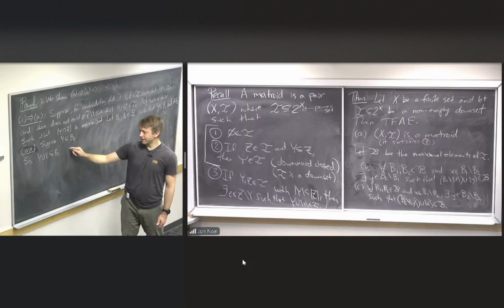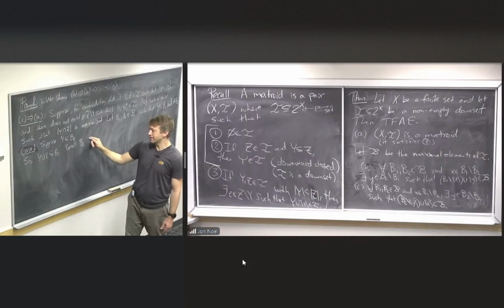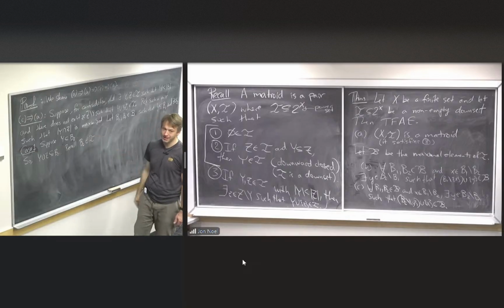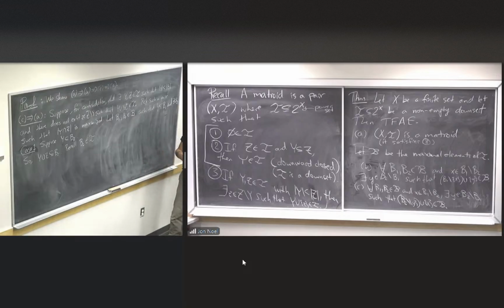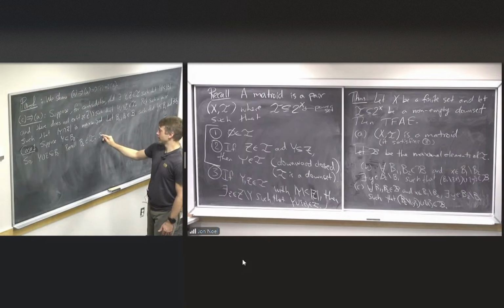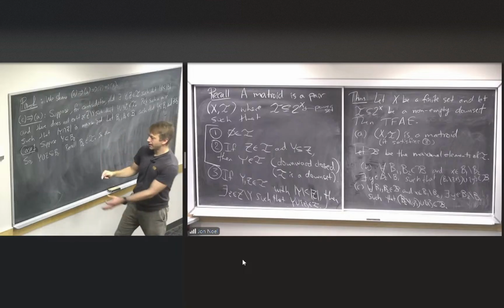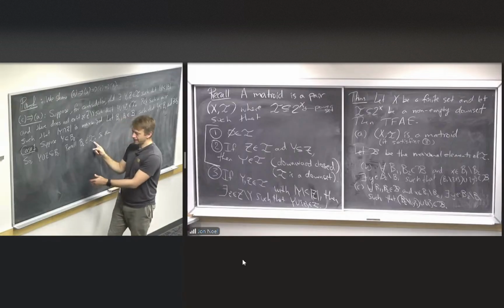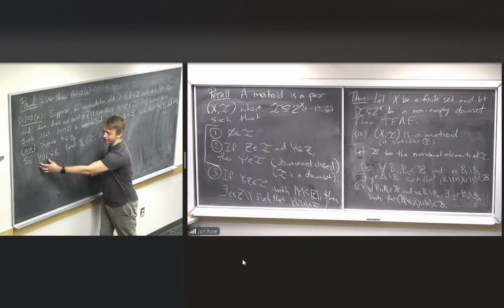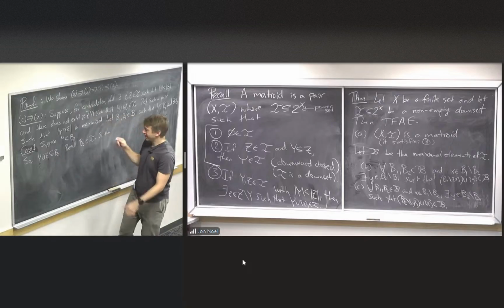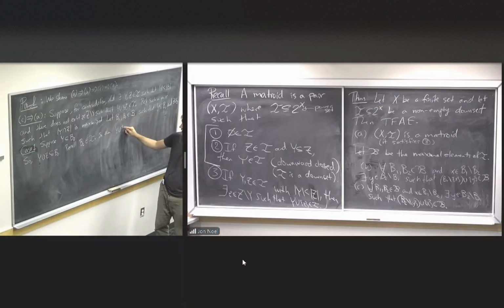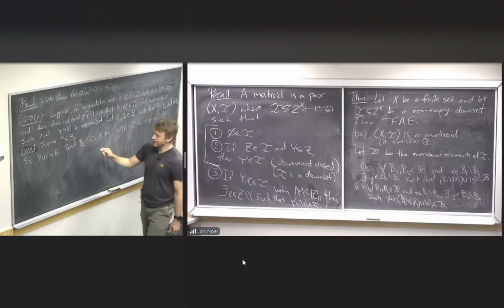Recall B2 is in B, but that means it's also in I, because it's a maximal set in I. But I is a downset, so this is in I, because it's a subset of something in I. But then Y union little z is in I for every z in Z minus Y, because I is a downset.